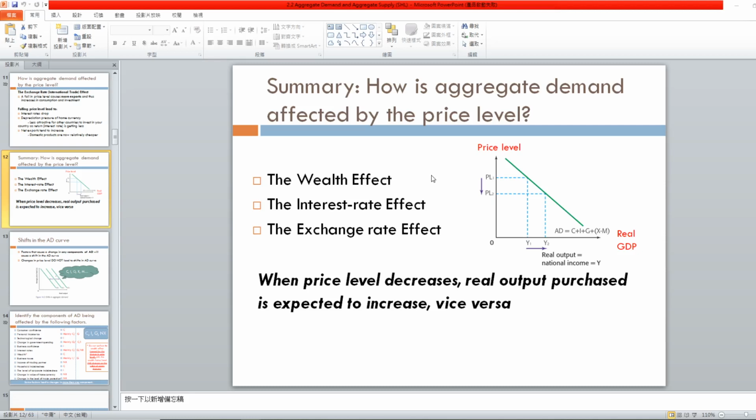When it comes to this level of academics, we always need to find connections among the points. You can see those three points are actually connected. Because we know the price level effect, we know why the interest rate effect will also create such a relationship, and because we know the interest rate effect, we know that the third one, the exchange rate effect, can create such a relationship as well.